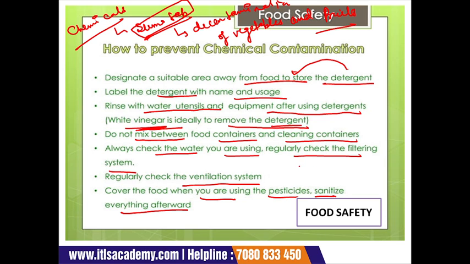Suppose this is your preparation table. Here you put a food and now you are going to sanitize this area. When you are sanitizing this area, you have to remove the food from that area, or cover that food product properly so that the sanitizer does not enter into the food.